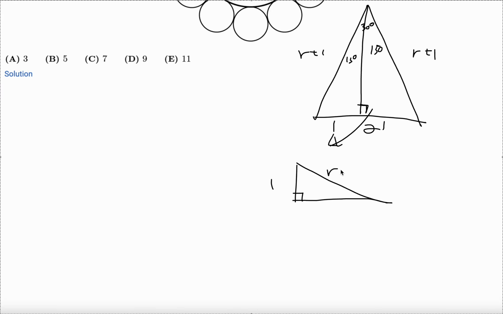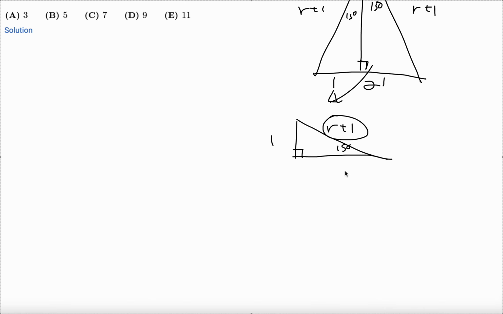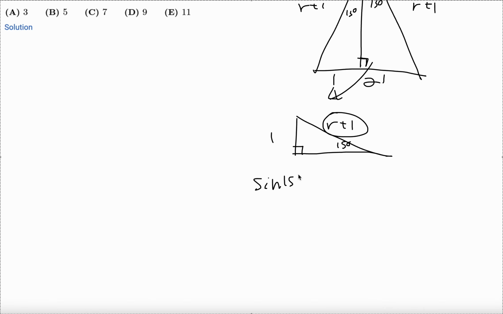So we get a 1, r plus 1, and this angle is 15 degrees. We want to solve for r, so we need sine of 15, because sine of 15 degrees equals 1 over r plus 1, opposite over hypotenuse.